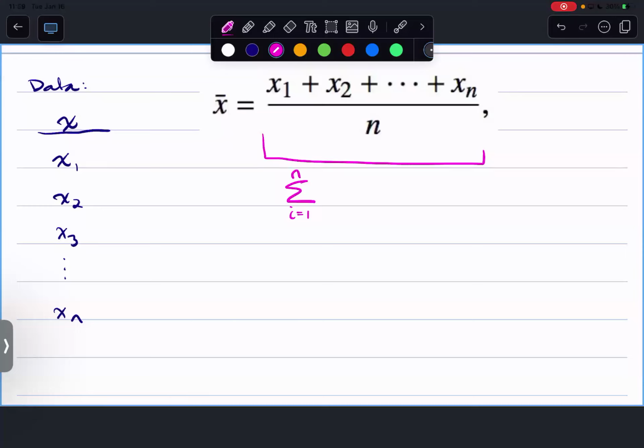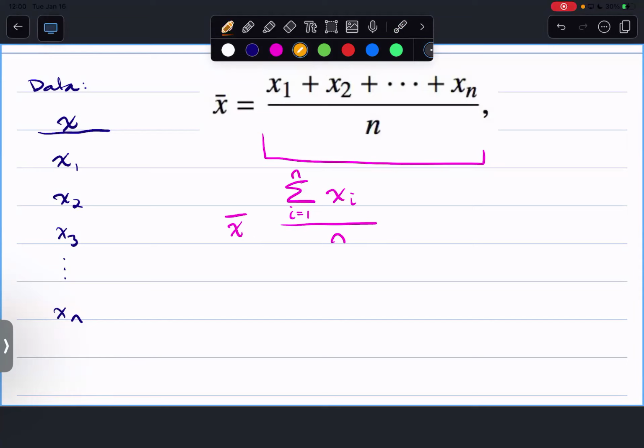It just says add up all the things that I'm about to tell you to add up. Here, it is followed by x subscript i, where i is going from 1 to n. So it's saying add up x1, x2, x3, x4, all the way up to xn. Then divide by n. And we're going to denote this by x bar.